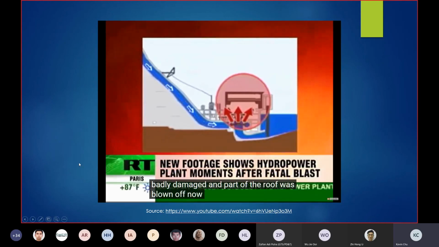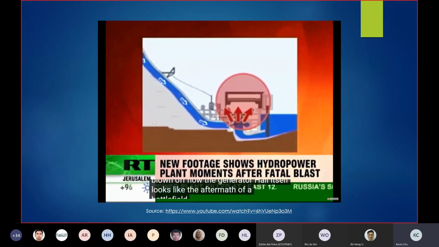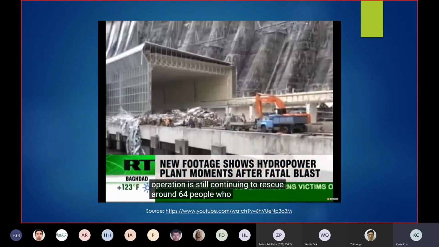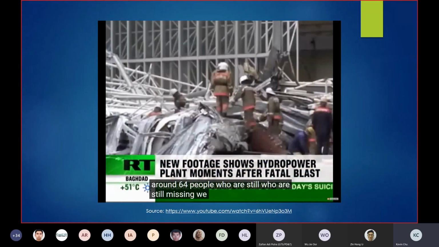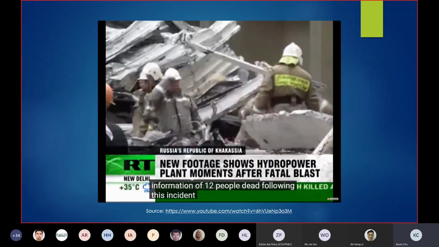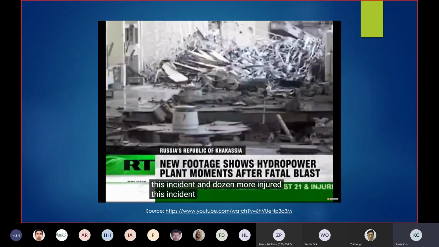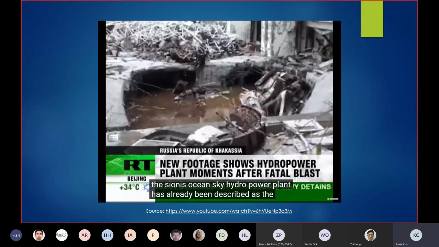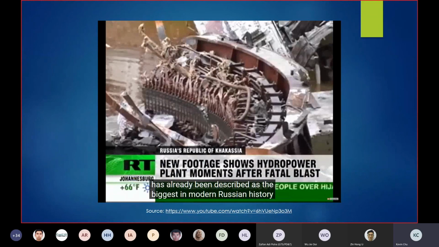Part of the roof was blown off. Now the generator hall itself looks like the aftermath of a battlefield. Now, indeed, the rescue operation is still continuing to rescue around 64 people who are still missing. We have received information of 12 people dead following this incident and a dozen more injured. This incident at the Sayano-Shushenskaya hydropower plant has already been described as the biggest in modern Russian history.